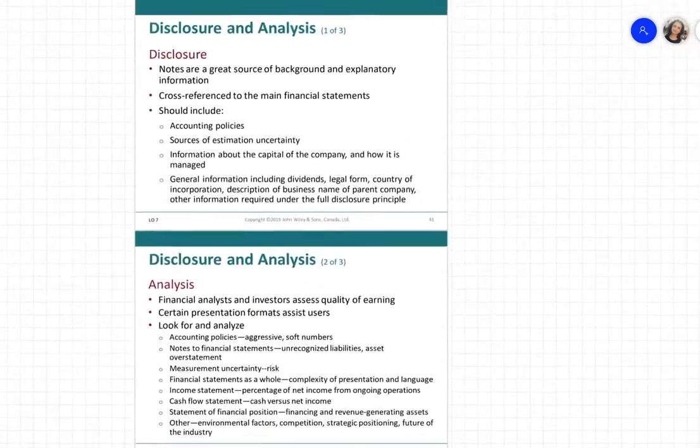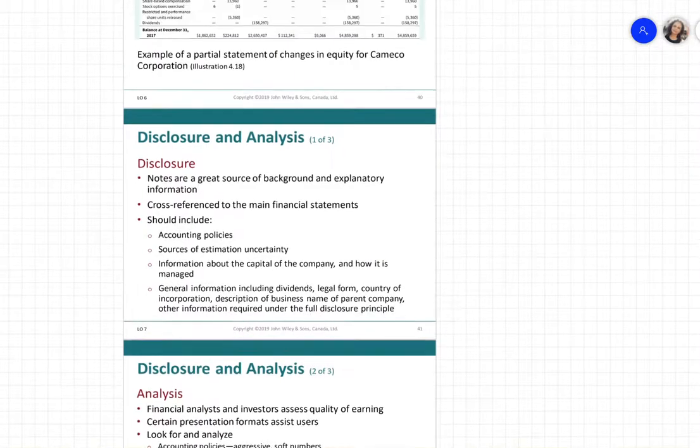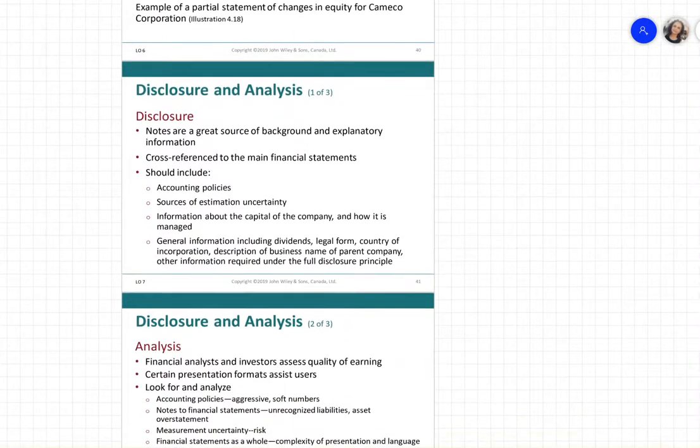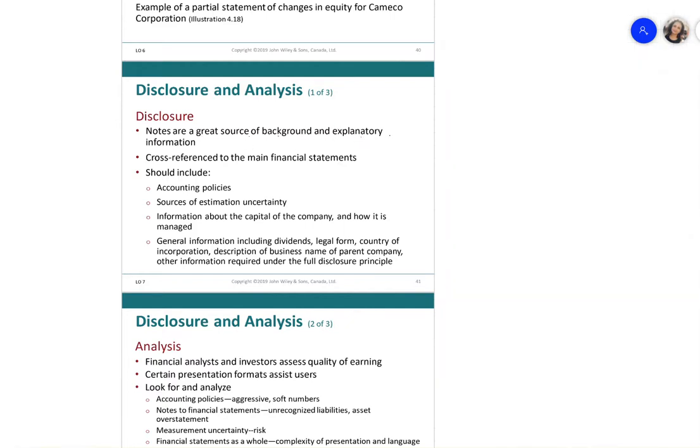When we talk about disclosure and analysis, notes are a great source of background and explanatory information.